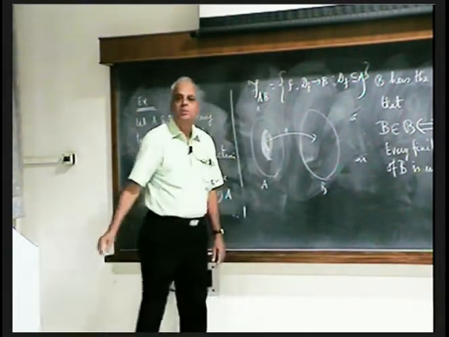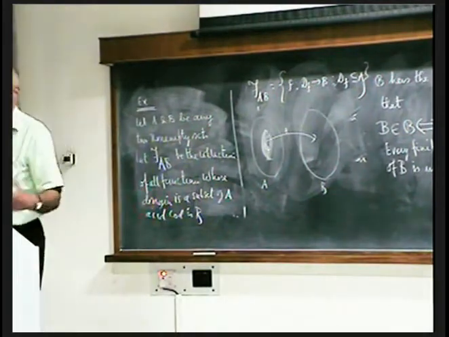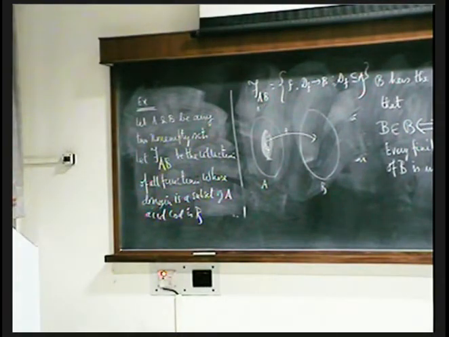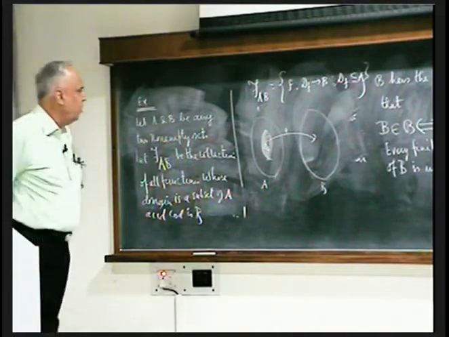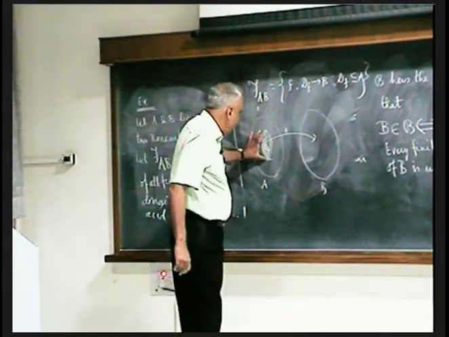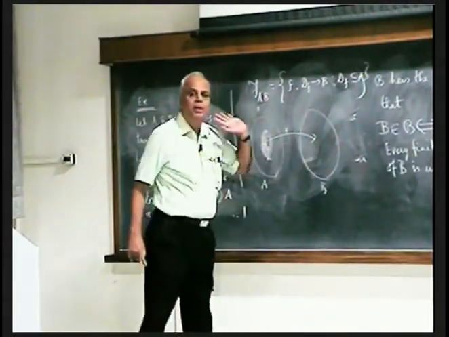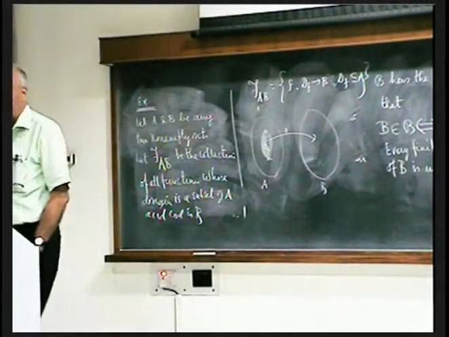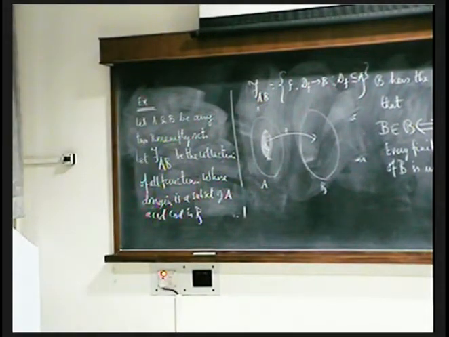Take all such possible functions. For every patch, you define all possible functions, select all patches, all functions, put them all together in a big box. That box is F_AB. So it is the collection of all functions whose domain is a part of A and whose values are always in the set B.